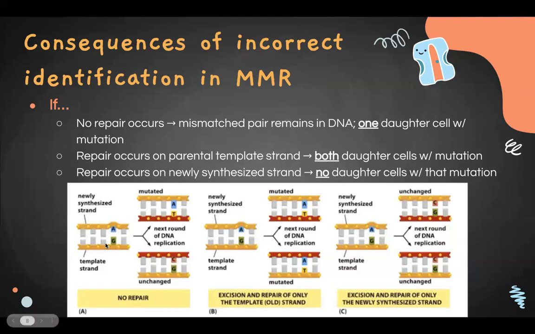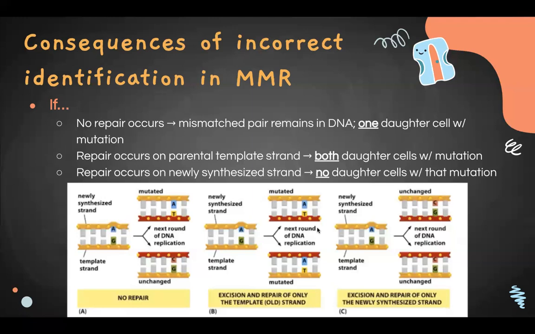This pairing right here was supposed to be a C paired with the G, but instead it gets an A. In this second situation, where the repair occurs on the template strand that was correct, the G is replaced with a T to match what the mismatch repair thinks is correct, the newly synthesized strand.